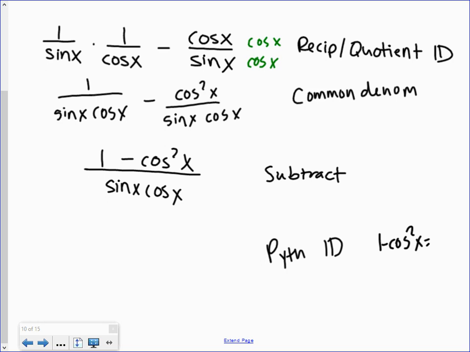Very good. If you look back at your Pythagorean identity, if you subtract cosine squared x from both sides, then 1 minus cosine squared x is equal to sine squared x. So we could take that whole numerator and write sine squared x.